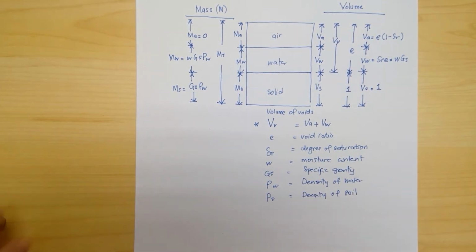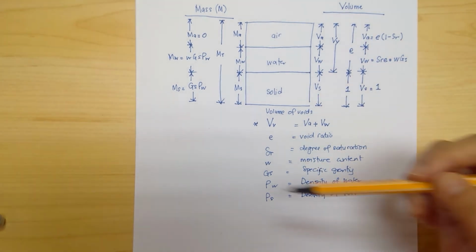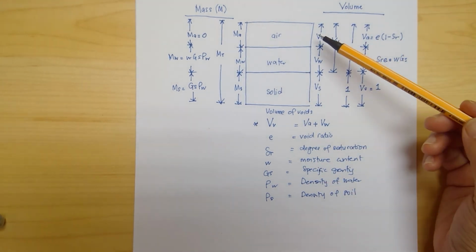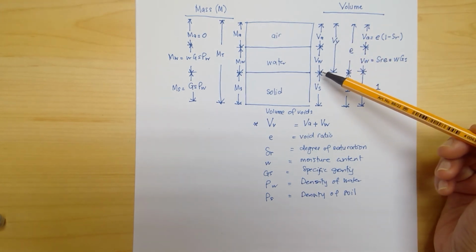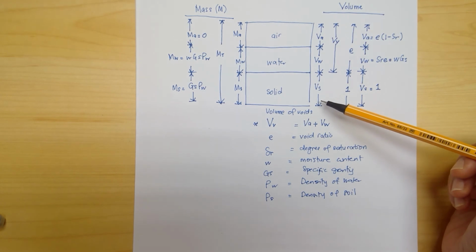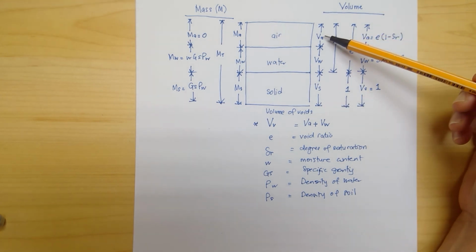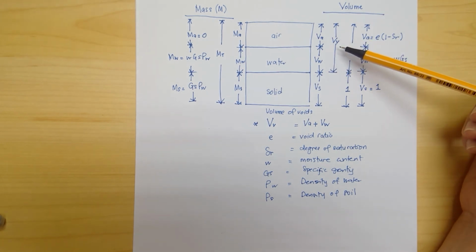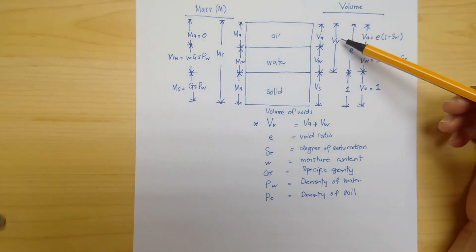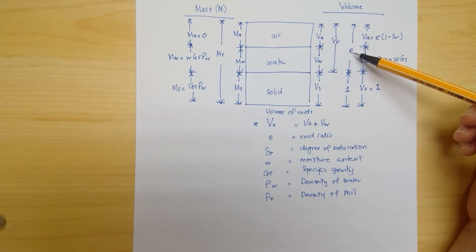At this point, I hope that you can replicate this three-phase diagram with all of its notation and equations. This part is volume of air, this part will be volume of water, this part will be volume of solid. Air and water we also know as void, and your void is represented by the value of e, or void ratio.